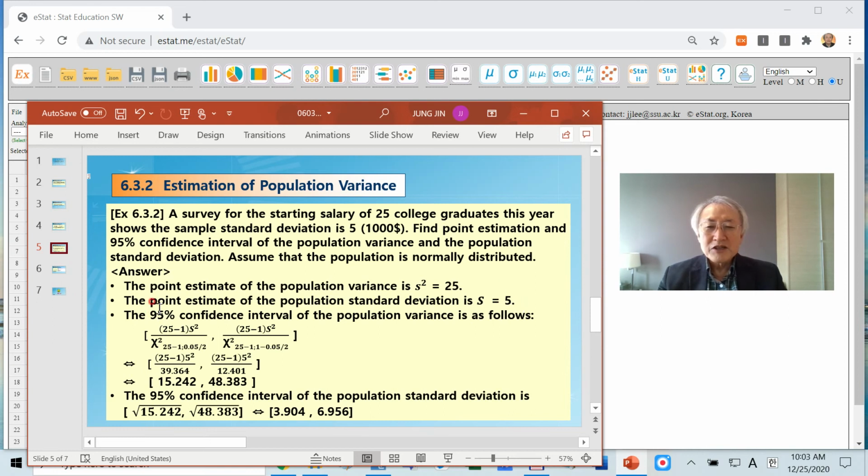For the 95% confidence interval, since the sample size is 25, we have to look up the chi-square distribution with 24 degrees of freedom, looking for the right tail 2.5% and left tail 2.5%. Just plug in the numbers and you will have this. In the case of standard deviation, we just take the square root.